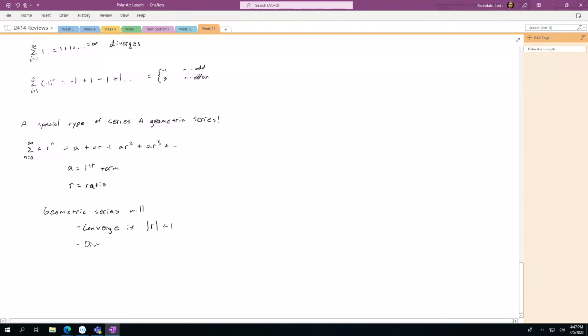And it will diverge if the absolute value of the ratio is bigger than or equal to 1. Additionally, if it converges, so if our ratio is smaller than 1, then we can actually say that the sum is equal to our first term divided by 1 minus our ratio.